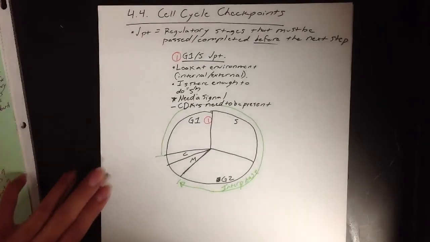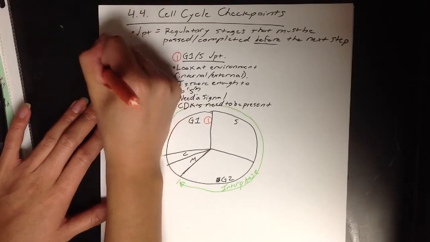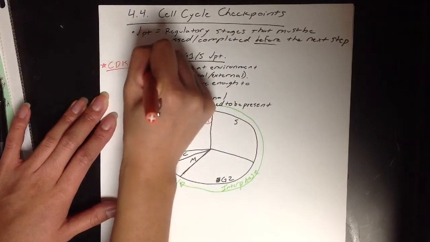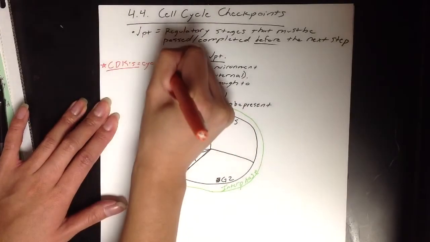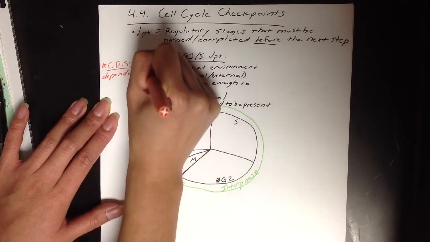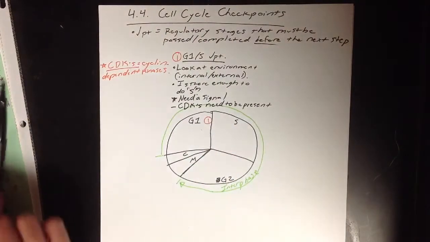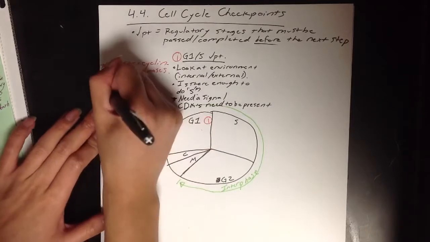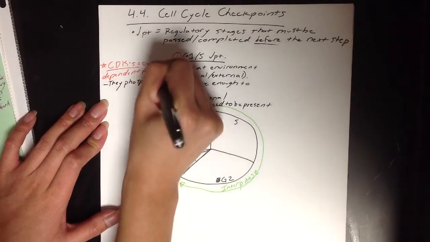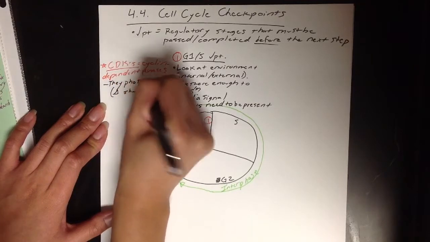So what is a CDK? Well, CDKs are cyclin dependent kinases. It's actually going to be a type of protein. The cyclin-dependent kinases, what they do is they phosphorylate, which means they change the shape of other molecules.